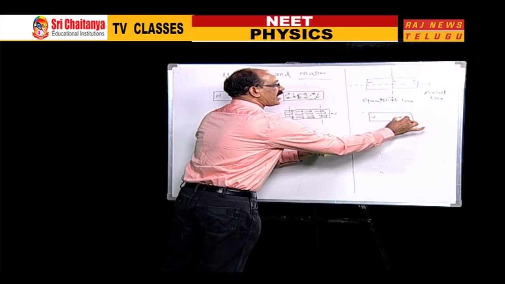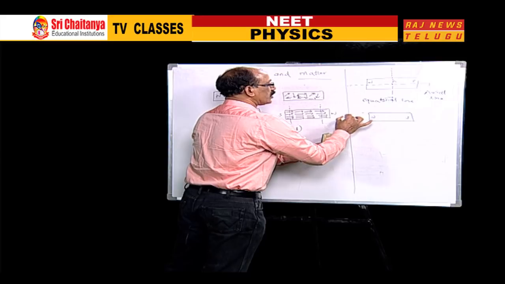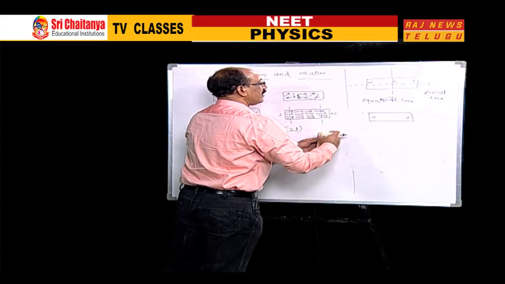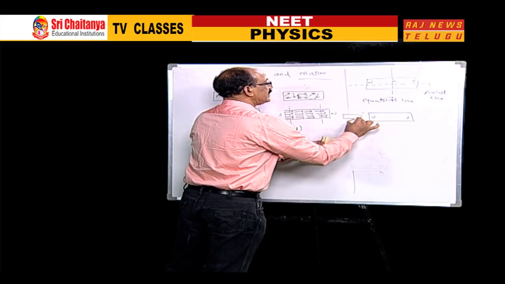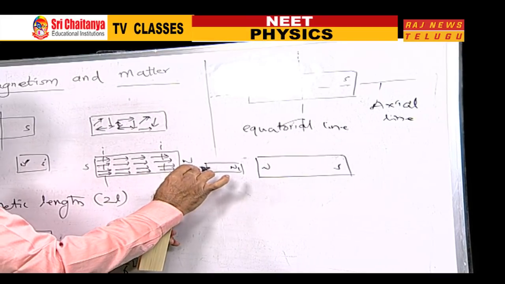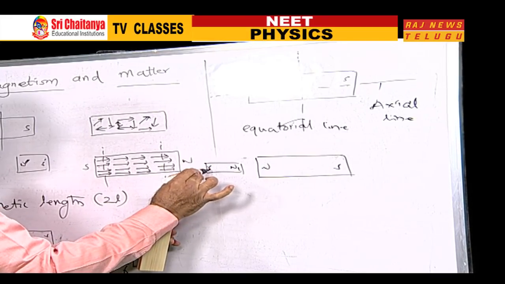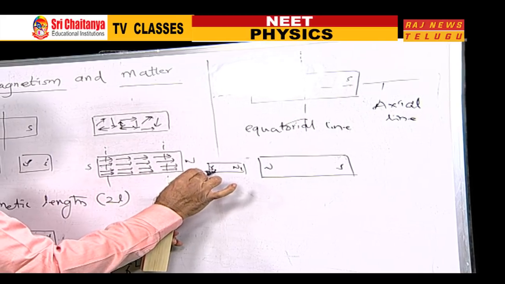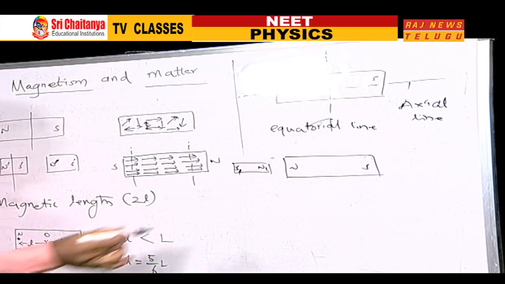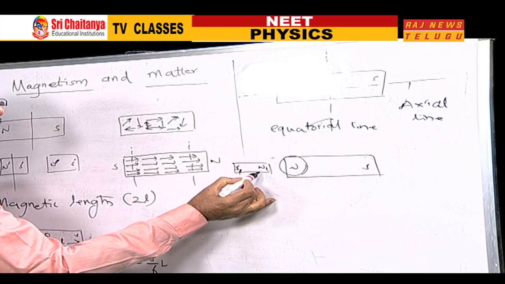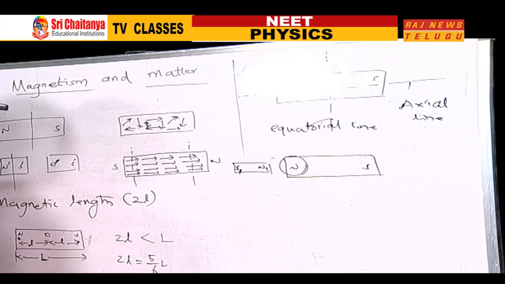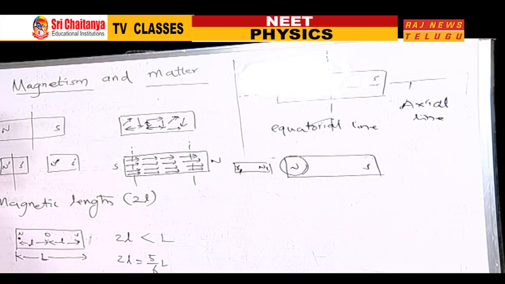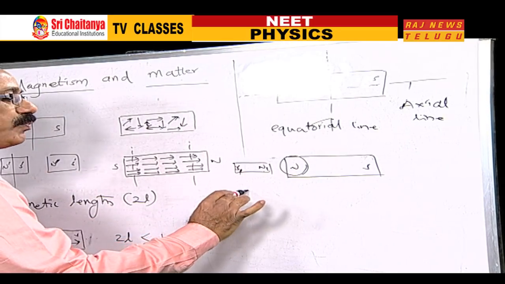This north pole of the bar magnet, if it happened to be closer to some other magnet like this, obviously it gets repelled or it gets attracted depending on how they are placed. So the ability of it to attract this magnetic pole is measured with the help of a quantity called magnetic pole strength.